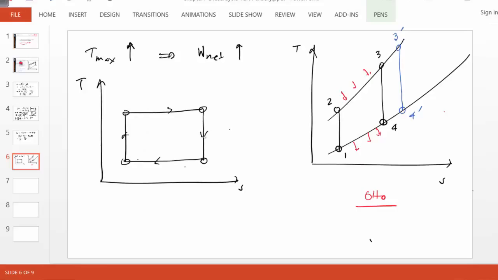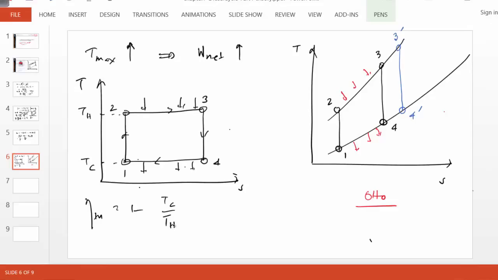Again, it is well covered in chapter 7 in your book, so I'm not going to go over the entire thing here, except to say that in a Carnot cycle, heat addition takes place at TH and heat rejection at TC, resulting in a thermal efficiency of 1 minus TC over TH, which we all know very well.